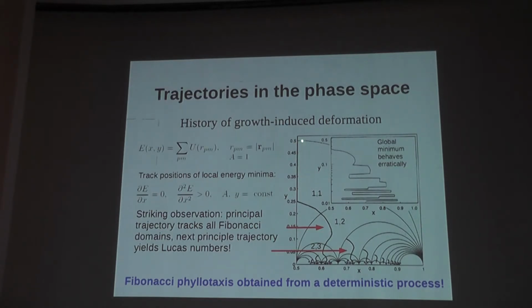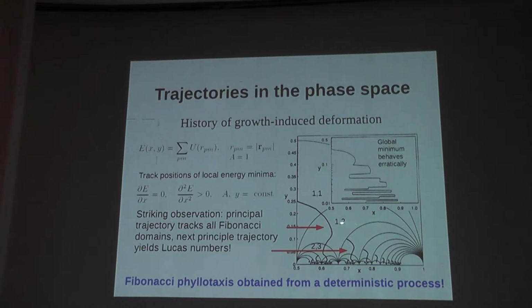what seems rather interesting is that we first have the simplest layers where the units are arranged in an alternating order, and then it comes to the point where bifurcation occurs, and the lattice acquires chirality. It becomes right-hand spiral, left-hand spiral. But then after that, this principal trajectory doesn't bifurcate anymore, and what it does instead, it goes through all the domains with Fibonacci numbers and nothing else.